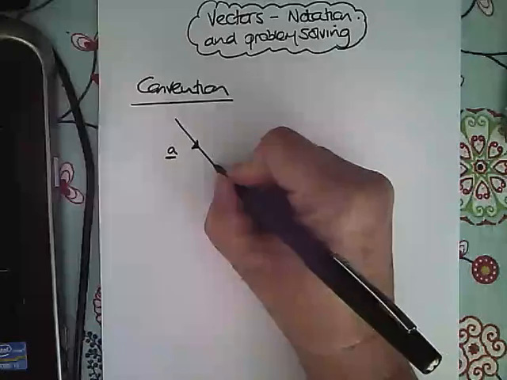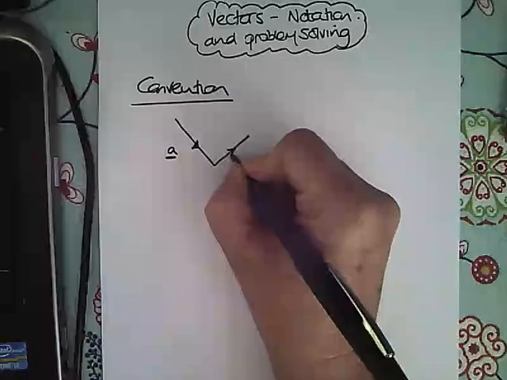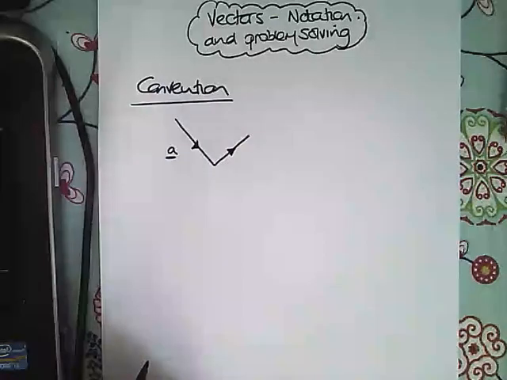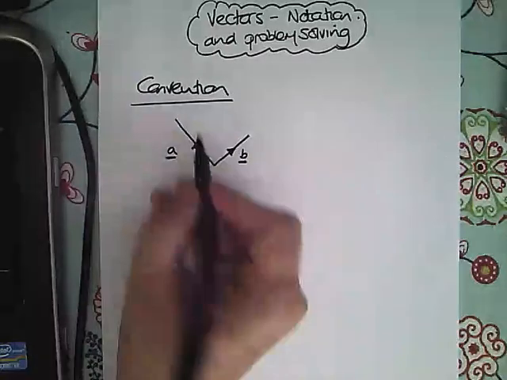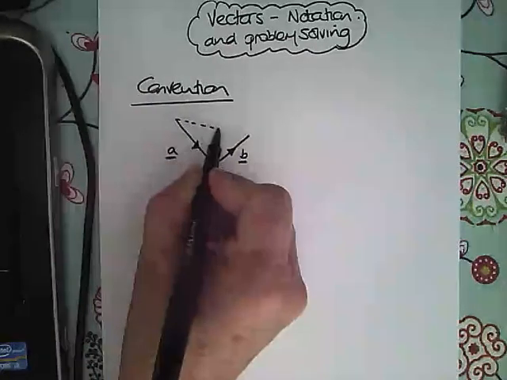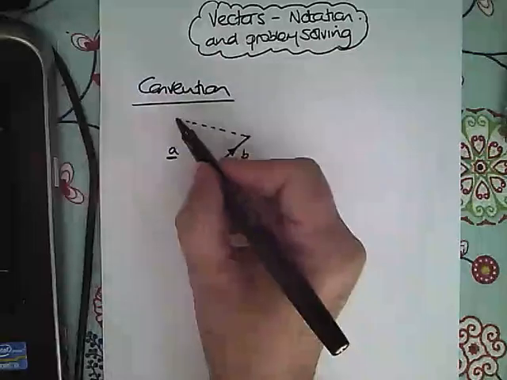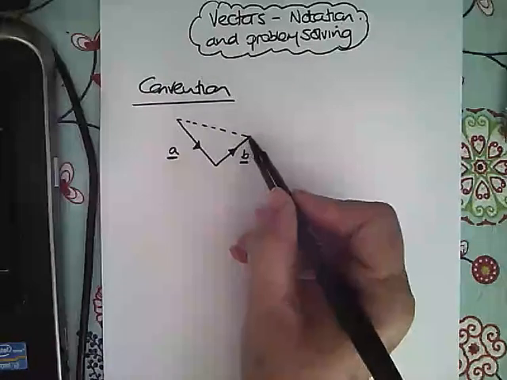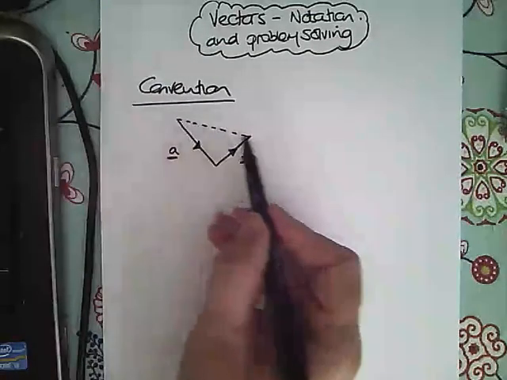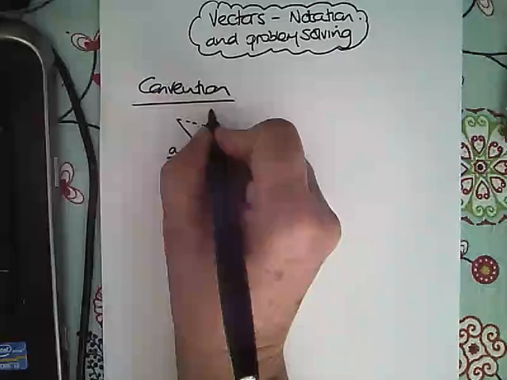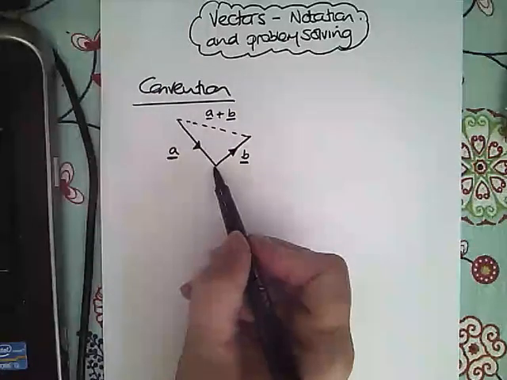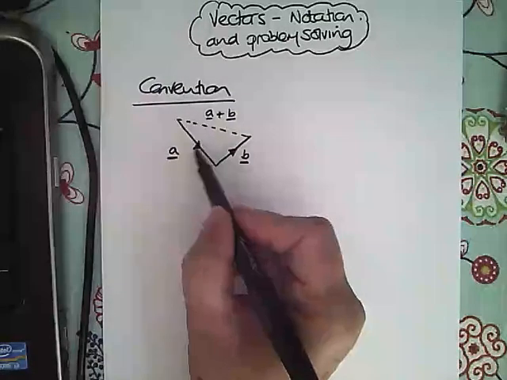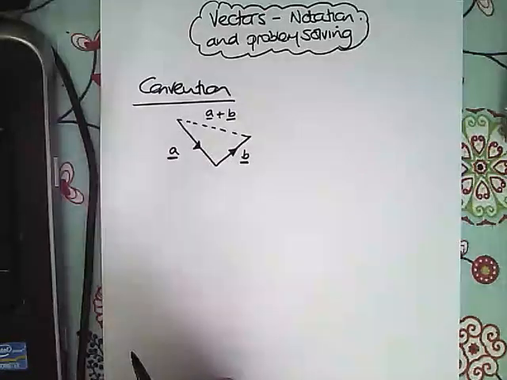I could have another vector here which joins on to A. It goes in a different direction to A, and it is not as long as A, so this is called B. Now, if I wanted to join up those two vectors, so I went along A first of all and then up to B, I would describe this distance as A plus B, because I'm going along A and then along B, in the direction in which these arrows are telling me to go.